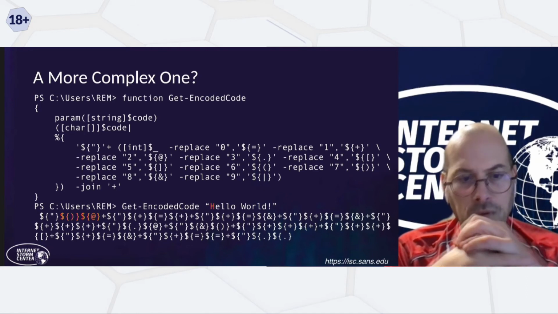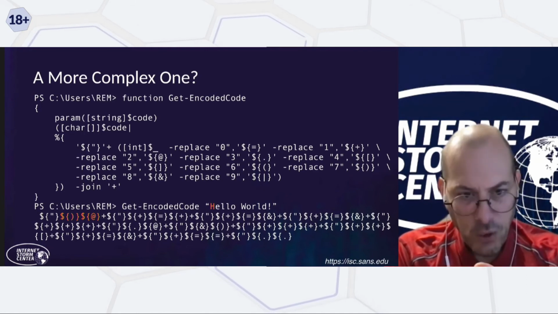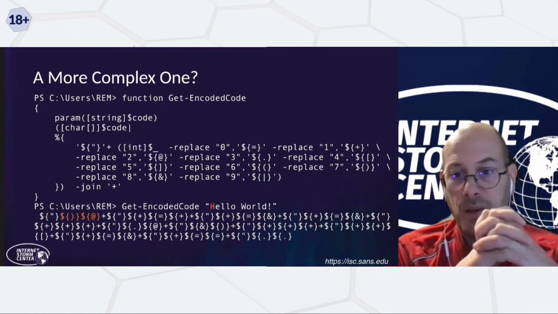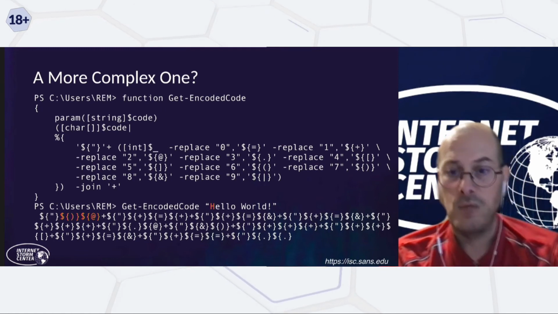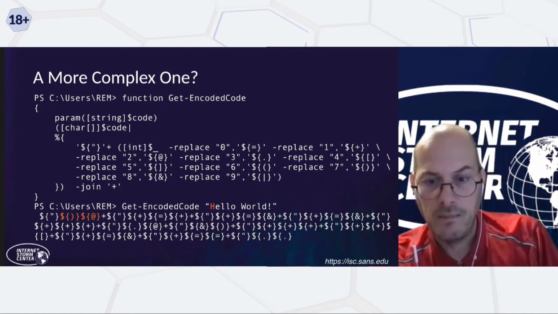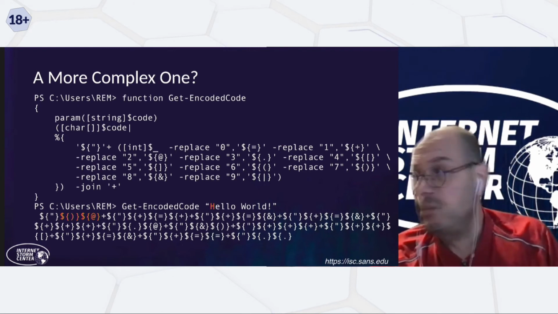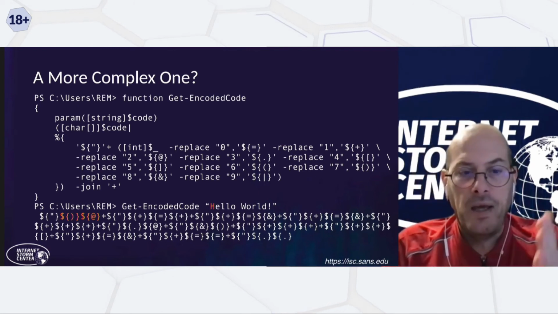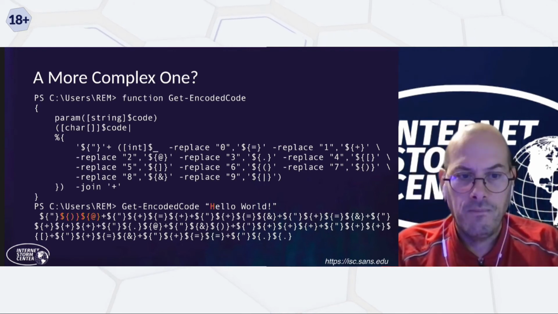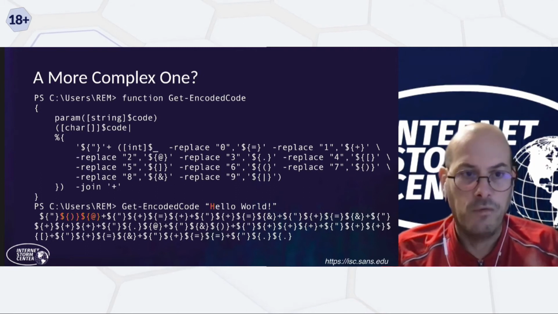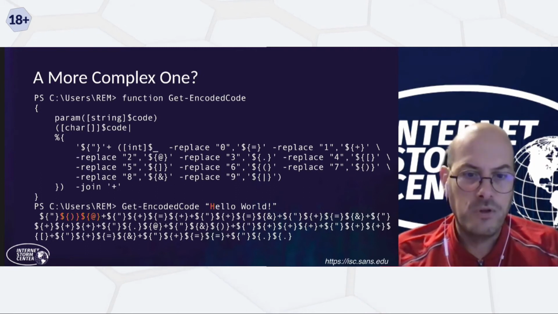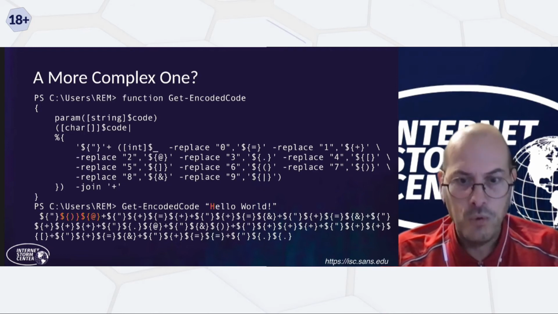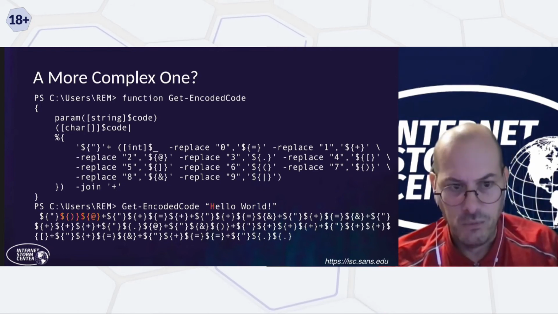Let's call this function. So we call GetEncoded and we pass the string that we would like to obfuscate. For example, hello world, a simple example. The H character is replaced, so the function converts the H into the ASCII value.